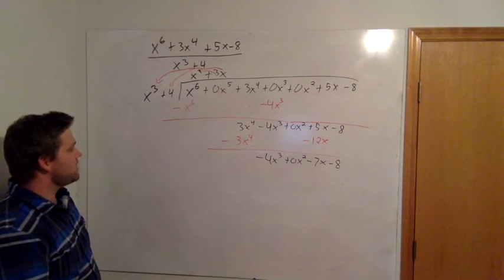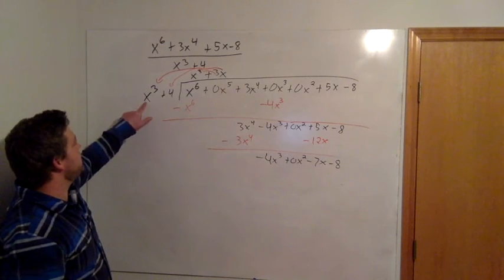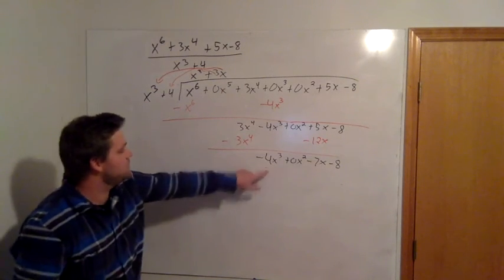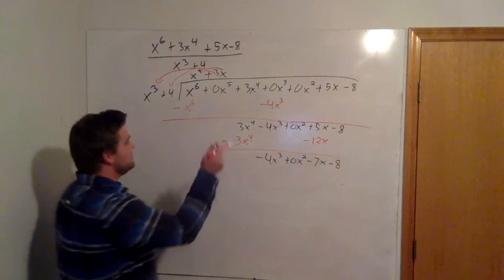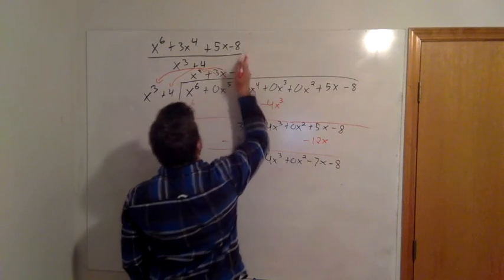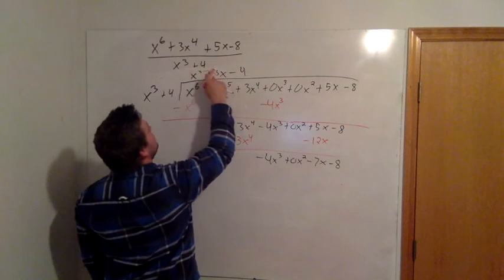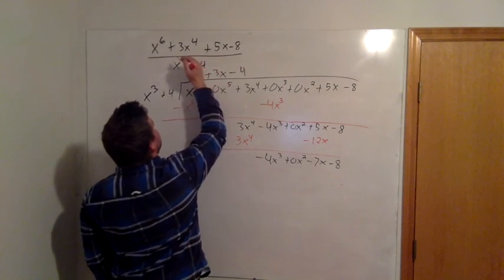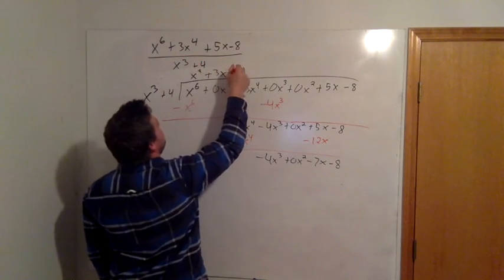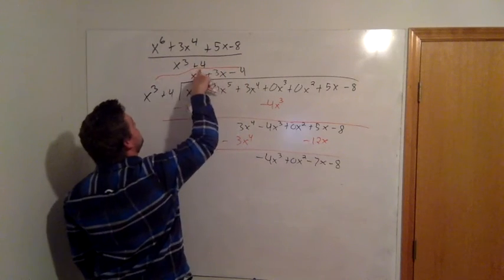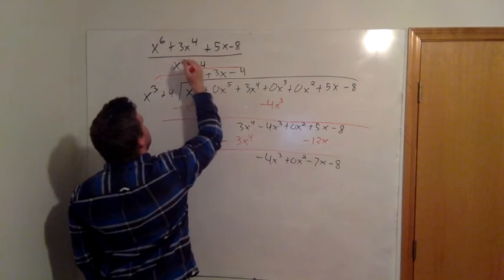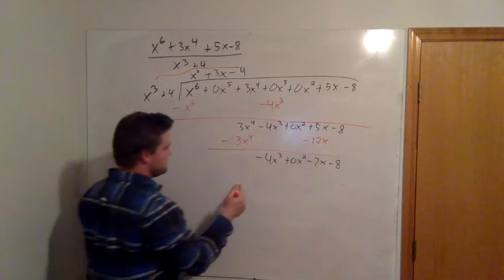Okay, repeat the process. What do I need to multiply x cubed by to get a negative 4x cubed? Looks like I just need a negative 4. So I'll multiply the negative 4 by the x cubed, so I'll get a negative 4x cubed.